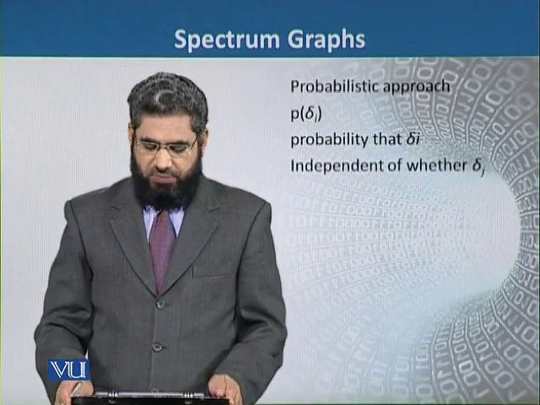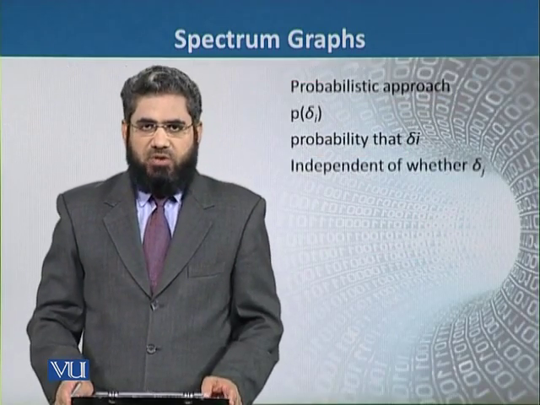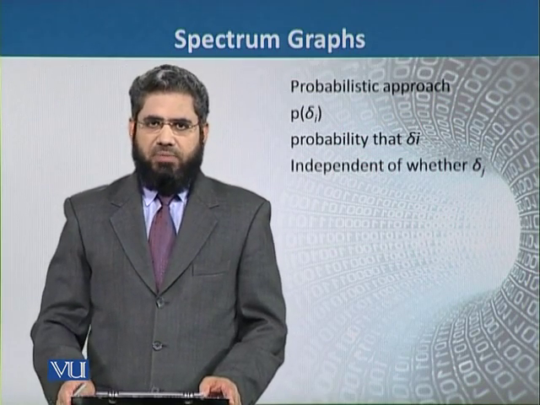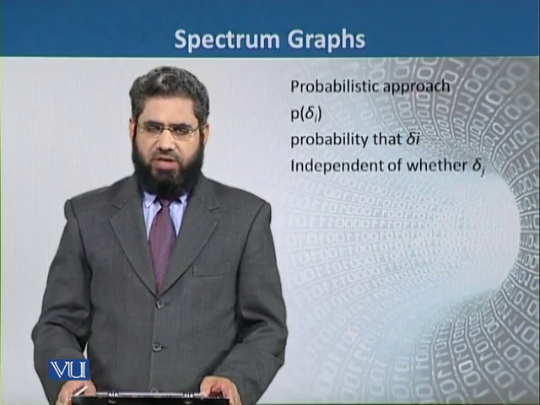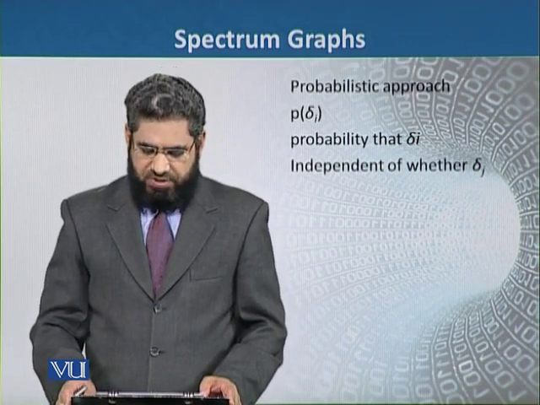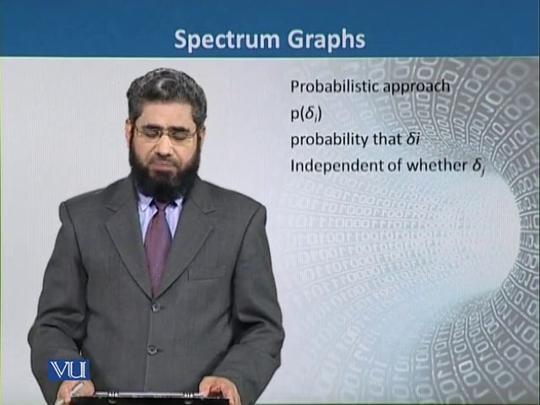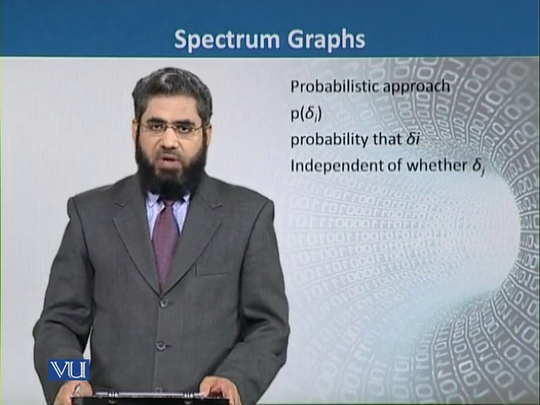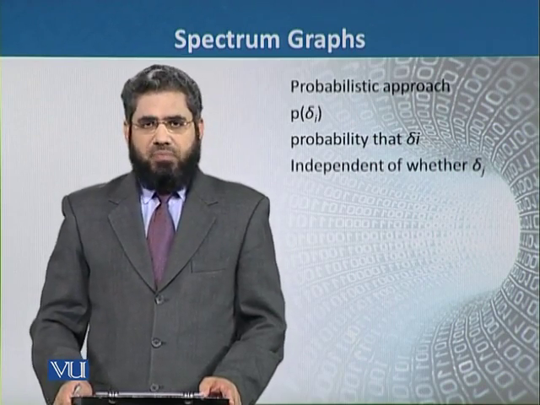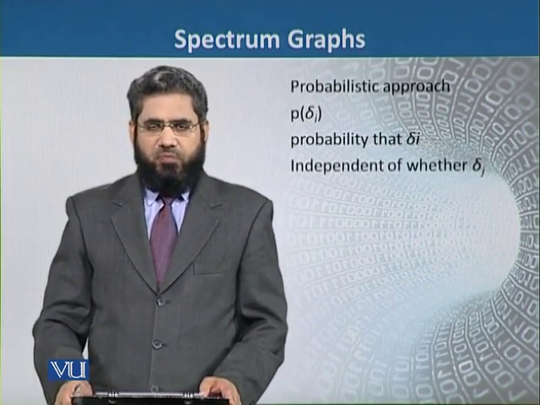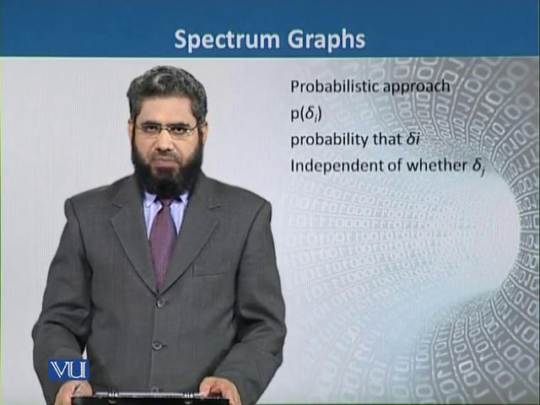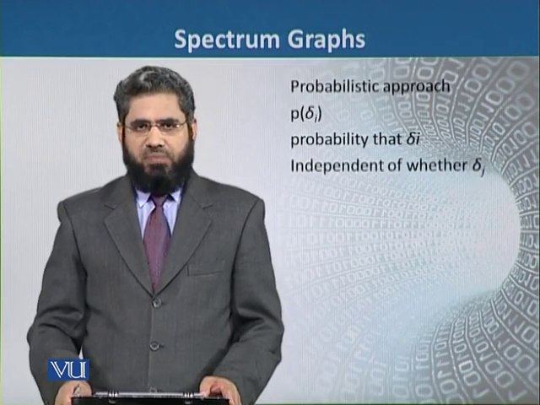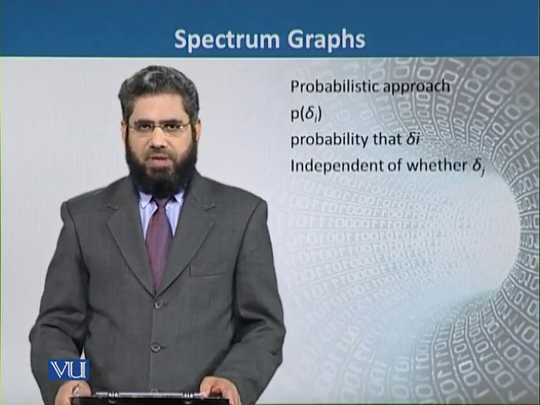In the probabilistic approach for the generation of the peptides and the ions, there is a probability by which these ions are generated, and they are represented by p for probability and delta i. And the probability that the delta i will be generated by any of the peptides is independent of the generation of the delta j that is generated by the same peptide.